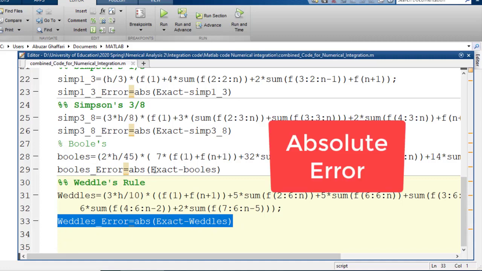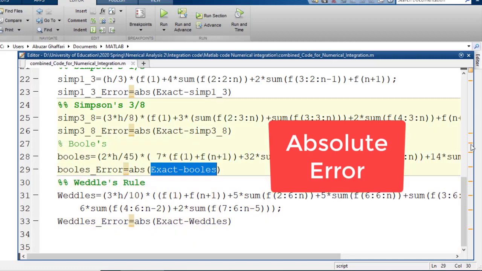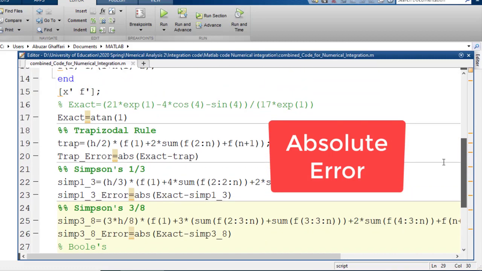This is the error between the exact and Boole's rule, and similarly I wrote the expression for the error between the exact and Simpson's 1 by 3 rule and also for the trapezoidal rule.